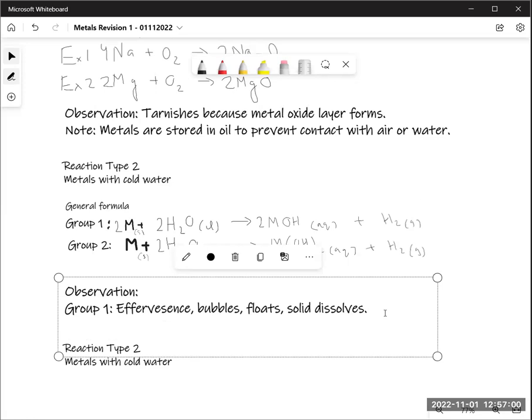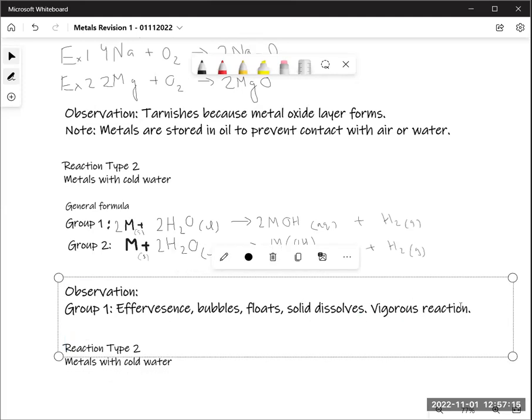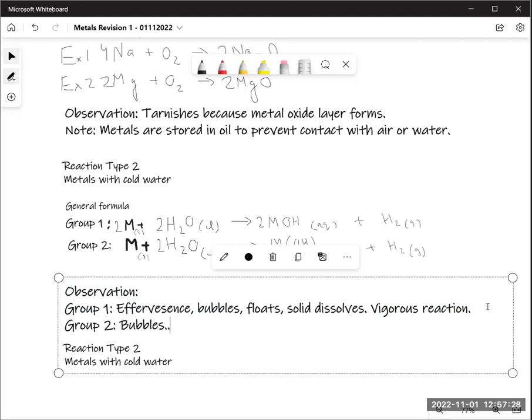Now for group 2, it's a bit different. Let's write one more thing here, the vigorous reaction. But for group 2, let's just say bubbles and slow reaction.